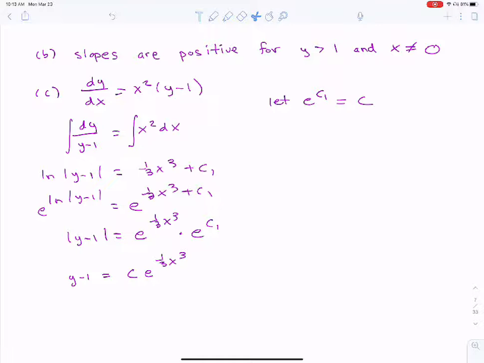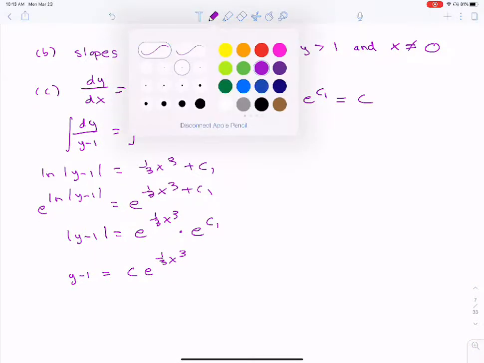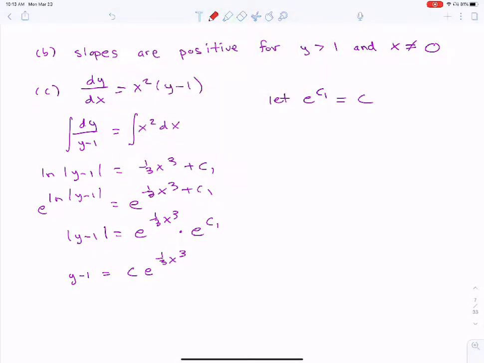Okay, so there was clarification. So here's the reason why. I'm going to do this in red, and I'm going to erase it after I'm done. Let's take a step back. So let's say I had y minus 1 equals c e to the 1/3 x cubed.